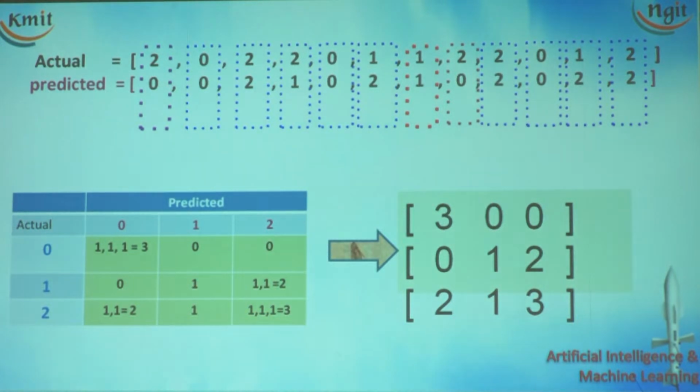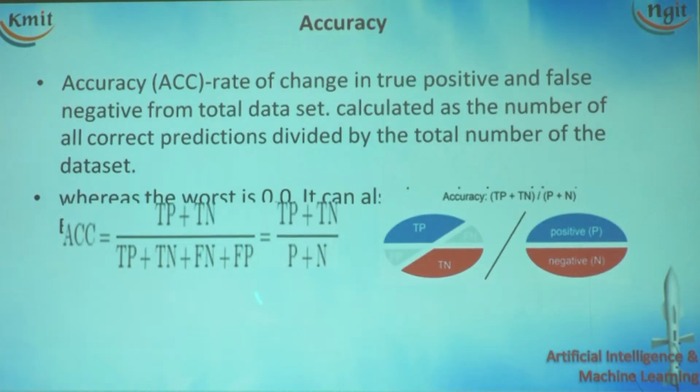If you take the 2 by 2 matrix, true positive and true negative. The negative is predicted as negative only, so that is true negative. True positive plus true negative, we have to add and divide by the total number of elements. Total means all the values in the matrix. So you will get the accuracy.